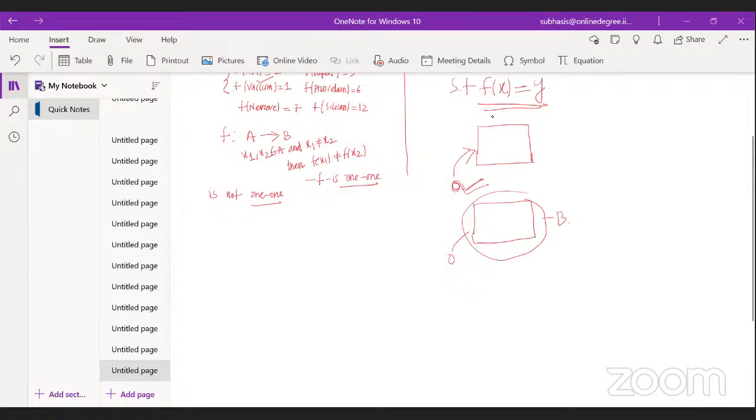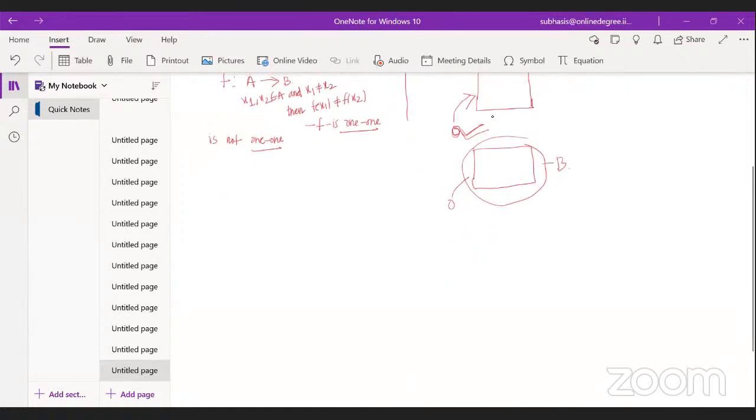Suppose you have a question f(x) = x square. To check whether this function is 1-1 or onto, you have to use some different method.